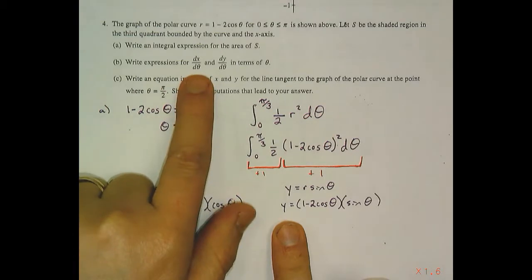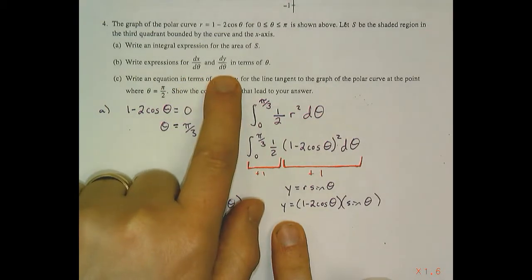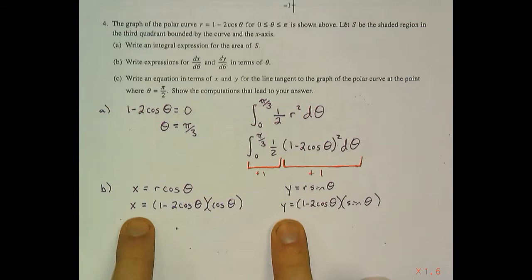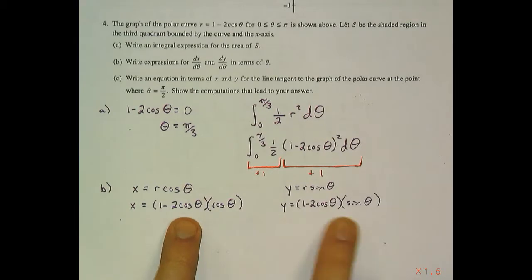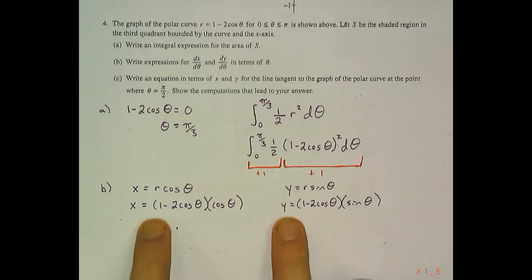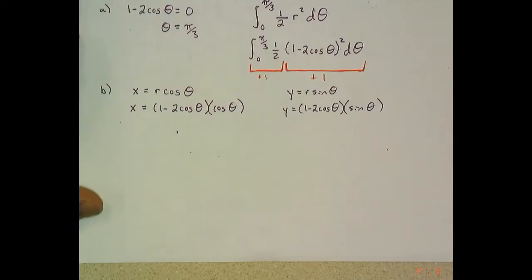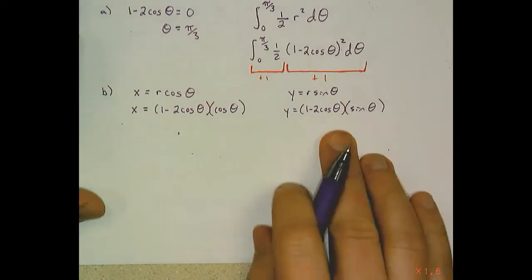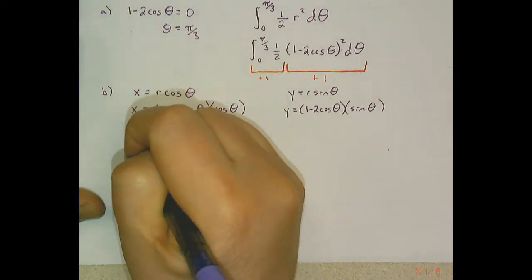They're asking us to find dx d theta and dy d theta. So we need to take the derivative of these with respect to theta, which requires the product rule. Then we take the derivative of each side using the product rule.